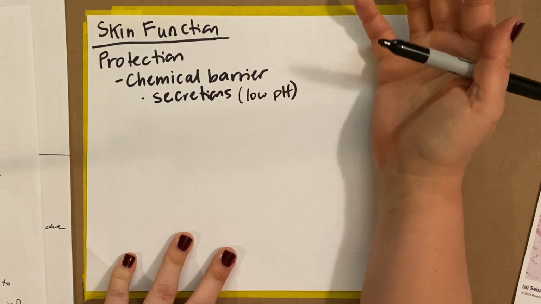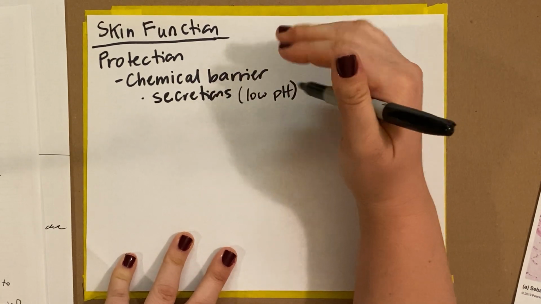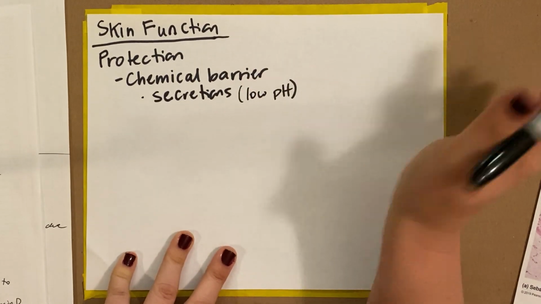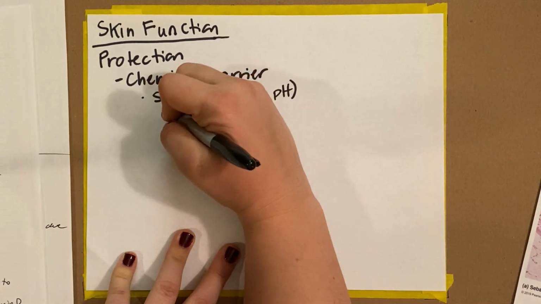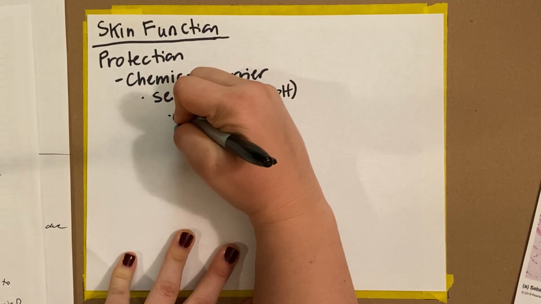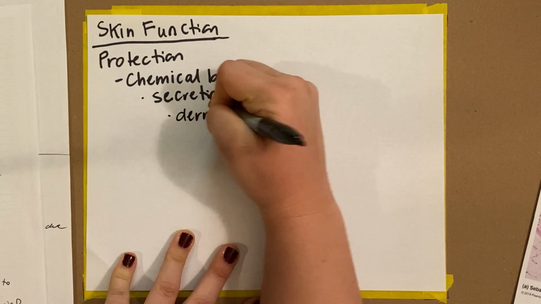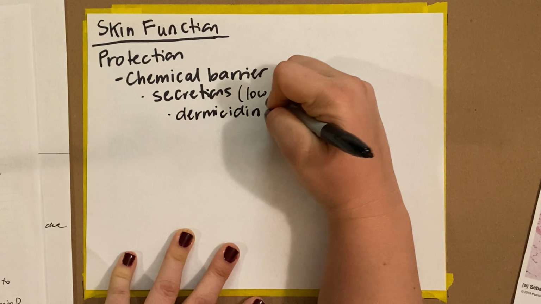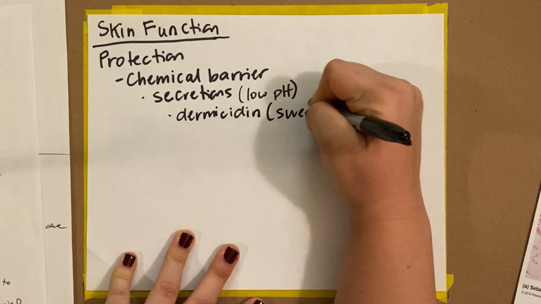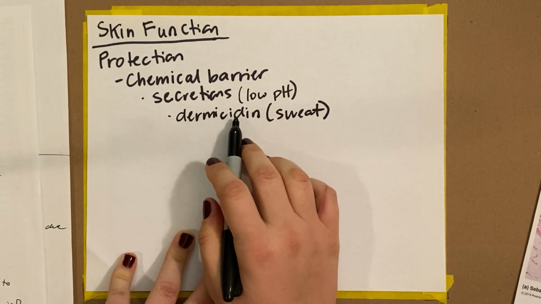So we are covered in bacteria, but the chemical barriers help prevent overgrowth of those bacteria. Some specific secretions that we will have are germicidin, which is found in sweat. And you don't need to know these for the test. I'm just going to mention them.